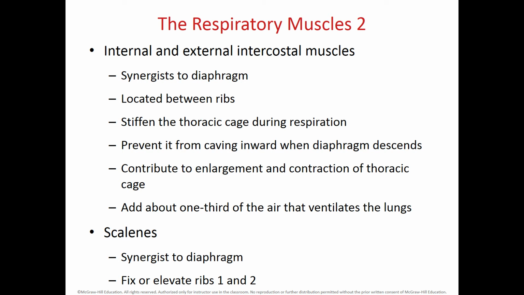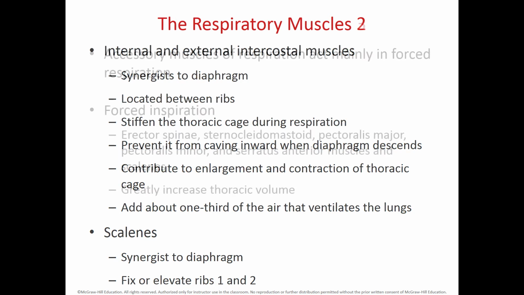The internal intercostals are muscles for exhalation, while the external intercostals are muscles for inhalation, and they only bring about 1/3 of the air that we inhale. Along with that, we have accessory muscles of inhalation like the scalenes, which help to elevate the ribs when we are doing forced respiration. So they are synergistic to the diaphragm.